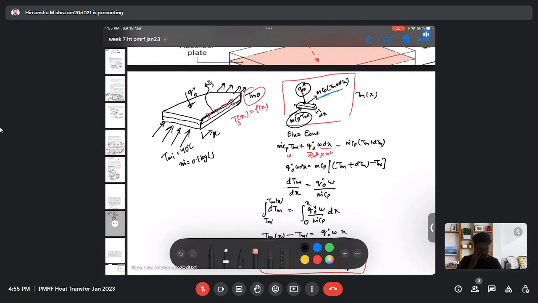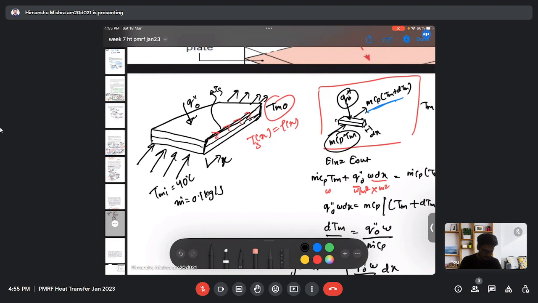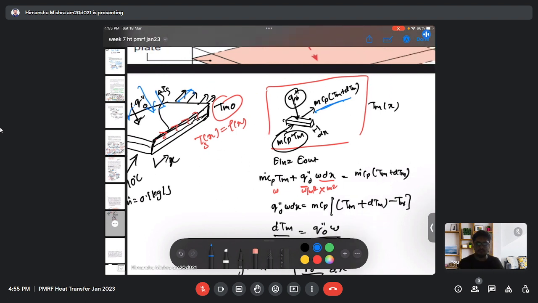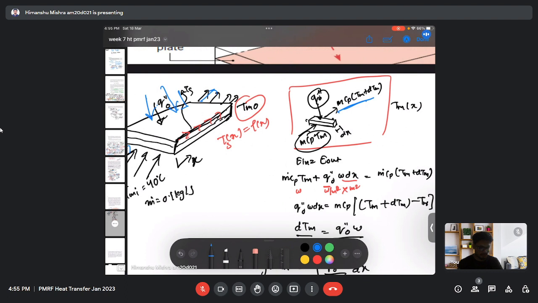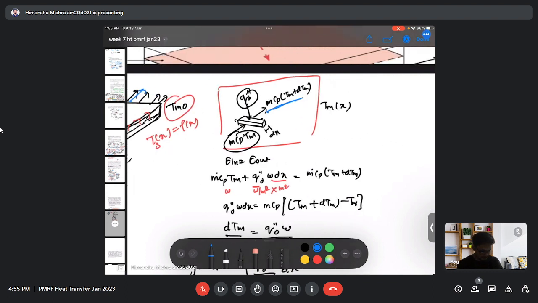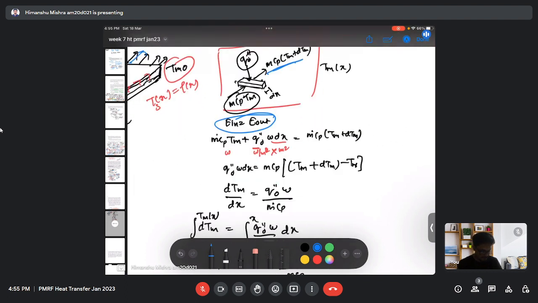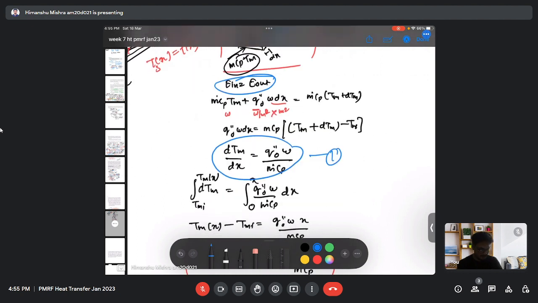In this question we have been given a diagram. It says that there will be an incoming and outgoing heat flow, and there will be some constant heat flux at the top of the plate, and we need to find the mean temperature at the outlet. So from the energy balance we found the expression here, and we integrate this expression from x to 0.